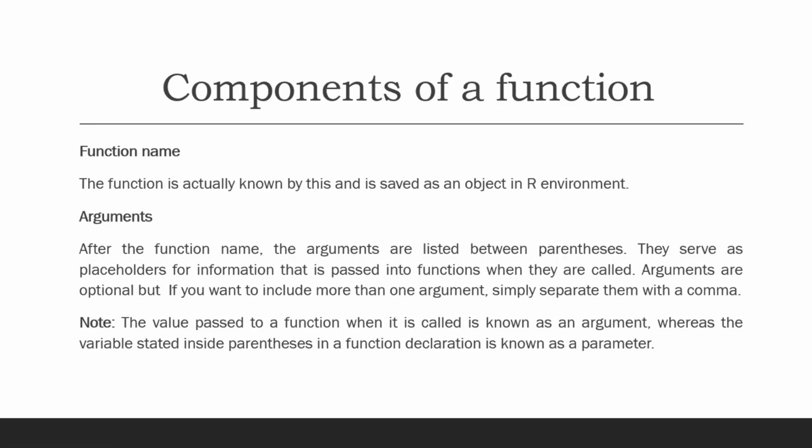Arguments are optional, but if you want to include more than one argument, you can simply separate them with the help of a comma. An important note to consider here is that the value passed to a function when it's called is known as an argument, whereas the variable stated inside parentheses in a function declaration is known as a parameter.